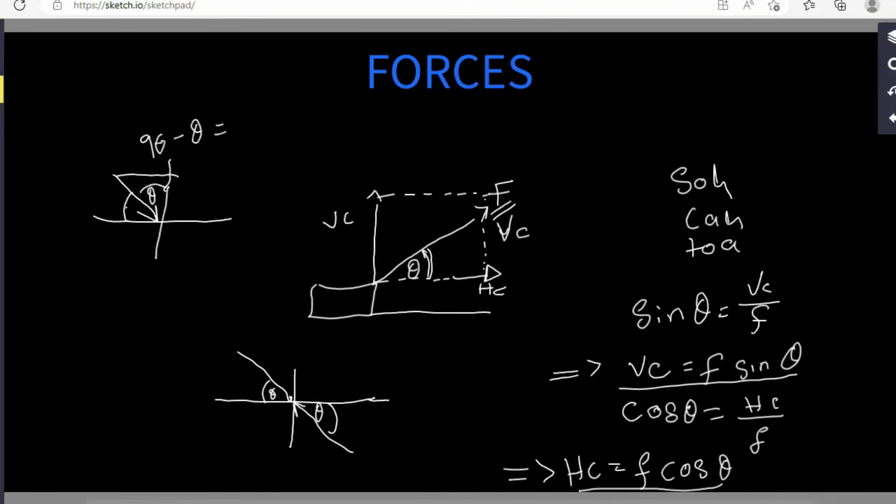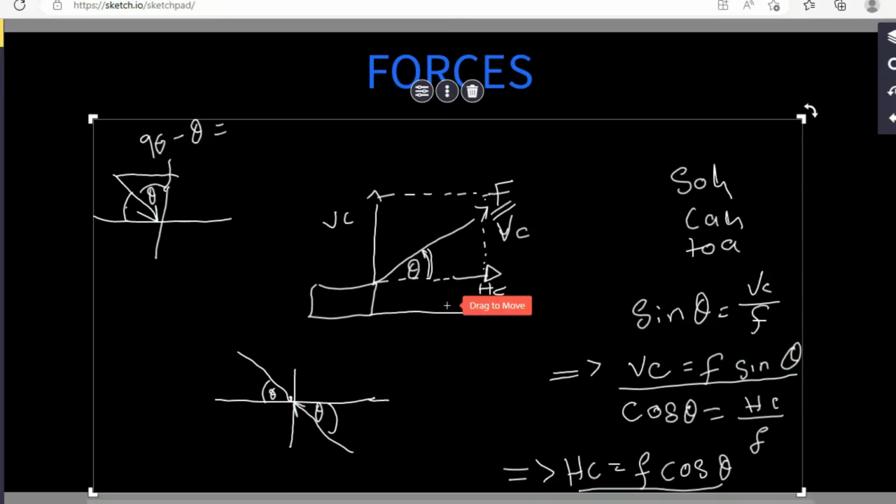It's easy to notice even when you are making a mistake, because you know that once it's sine, it has to be vertical. And don't forget, use the angle that the force is making with the horizontal. And then there is another issue, the issue of direction of the components.